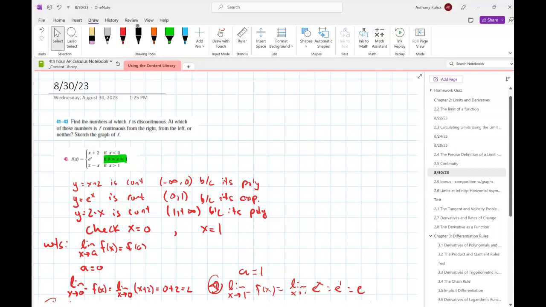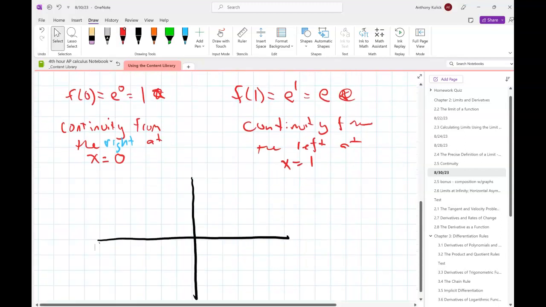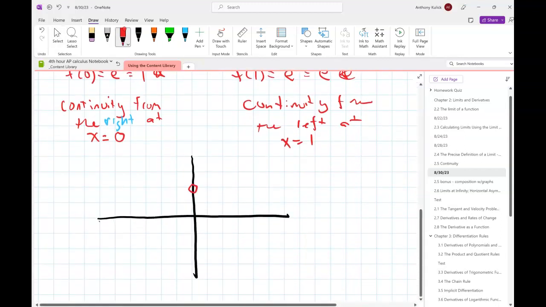So I'm just going to use -1 and then 0 for my points. So -1 would give (-1, 1), and then at 0, (0, 2). And at 0, I need to use an open circle because it's a less than. So there's that piece.